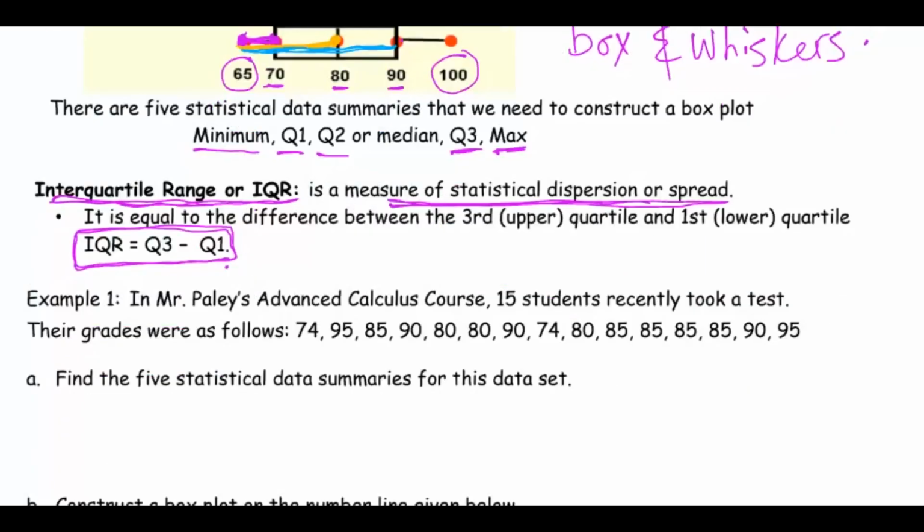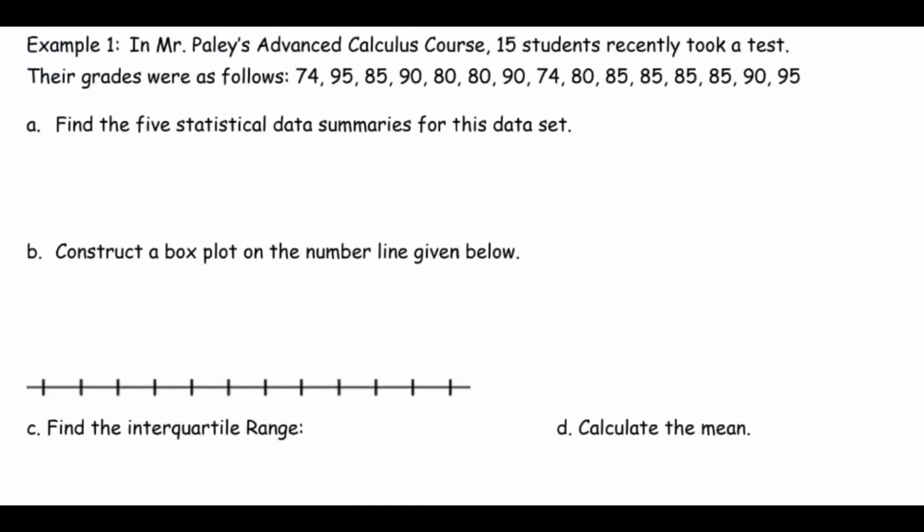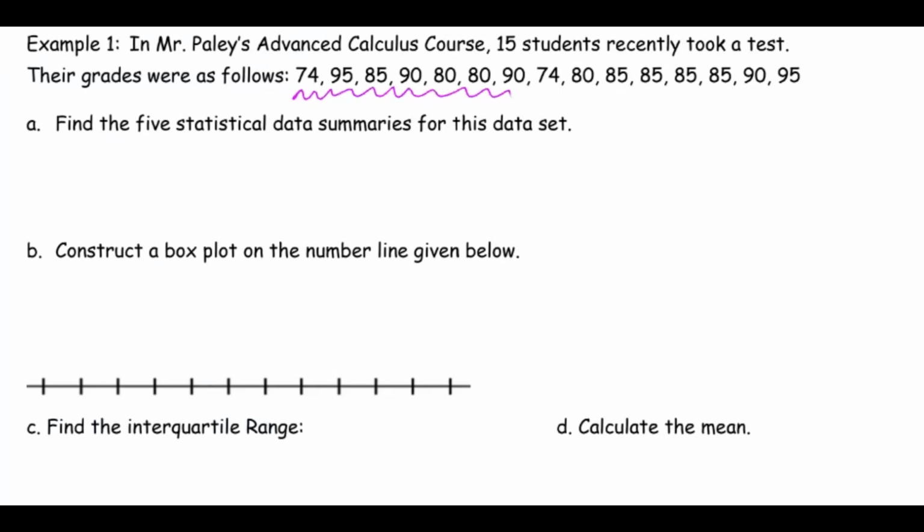Let's take a look at our first example so we can put all these definitions in practice. We're going to go back to the example in Mr. Paley's advanced class where we have 15 students and these are their scores. We examined these scores throughout this unit.